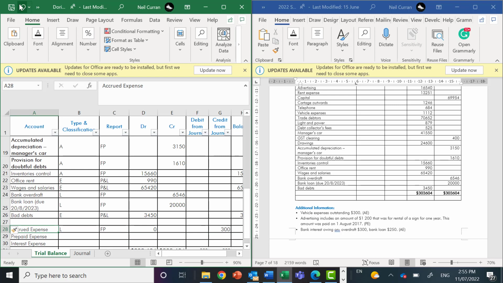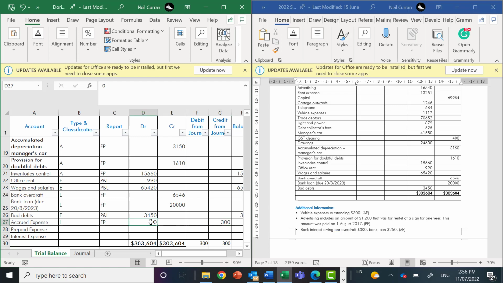Okay, so we've got here an accrued expense, which is a liability, and liabilities go in the statement of financial position. It has an opening balance of 0 because we didn't have a balance in here at all, and it is going on the credit side of this journal.